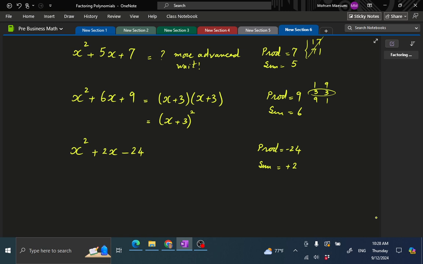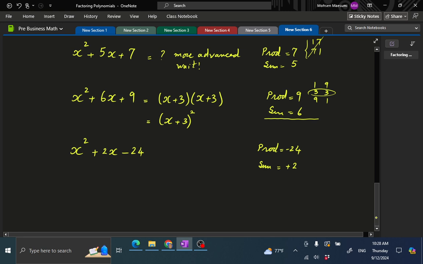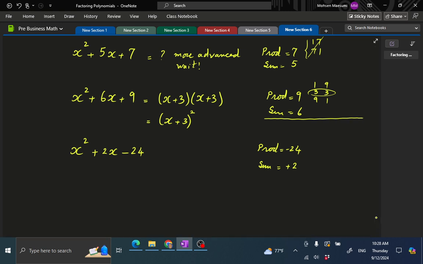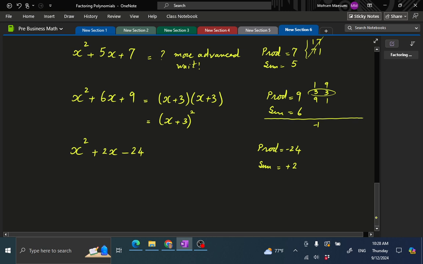Well, with minus 24, we have a long list of possibilities, and that's one of the drawbacks of this method. If your numbers have lots of factors in them, then you've got a long list to check. Let's patiently write them. So minus 1 and 24 is a choice, minus 2 and 12. If I multiply these two, I get minus 24.